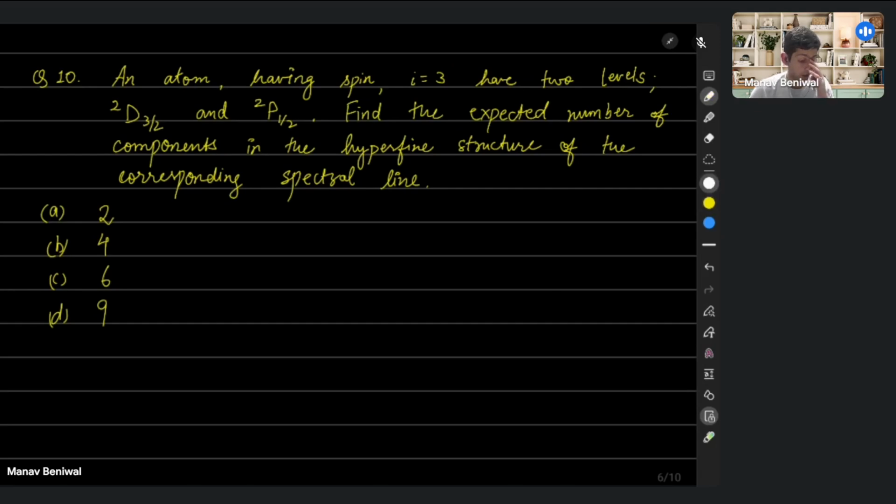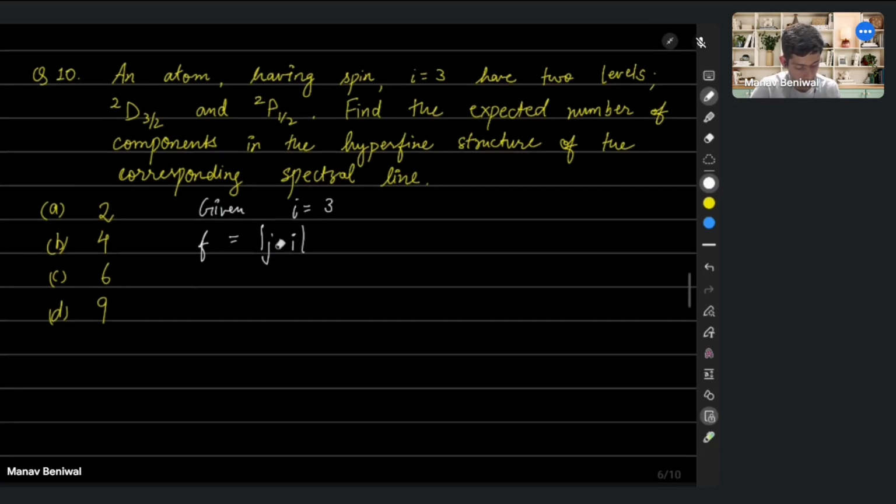So we are given I is equal to 3. Therefore we can write F as, it will go from J plus I all the way up to J minus I.